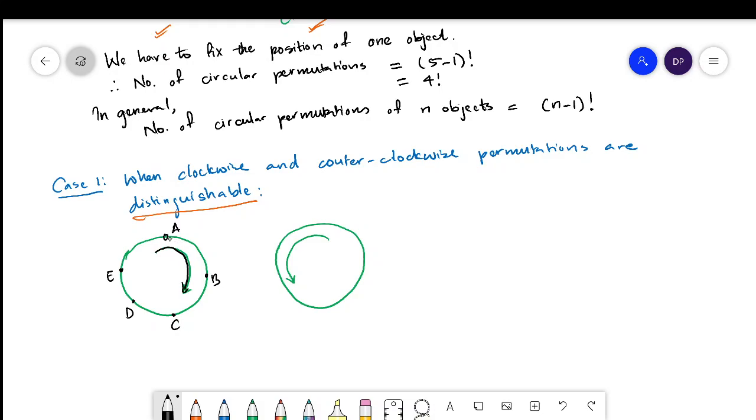First we have fixed the position of A, then we have arranged B, C, D, E. Again, with the fixed position of A, now let's arrange B, C, D, and E in the other direction. Now, if we can distinguish between these two arrangements, the first one being clockwise and the second one counterclockwise, then the number of circular permutations is as we have discussed in our concept.